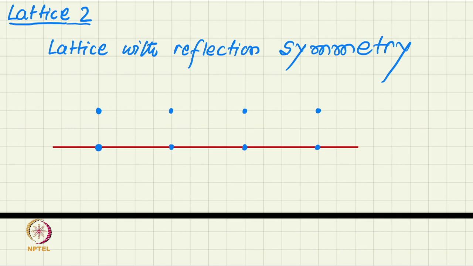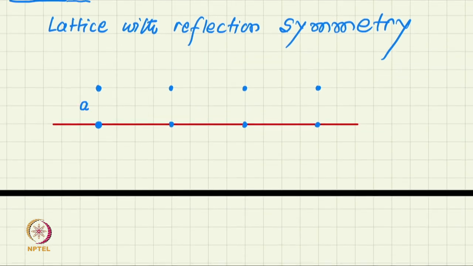And I know that if any vector A I take, then the lattice itself forces minus A, and if A is perpendicular to a mirror, the mirror also forces minus A. So, this A and minus A from the lattice and A and minus A by the mirror, it is satisfied if A is perpendicular to the mirror. So, I can have a possible lattice like this, and this lattice will have mirror planes.